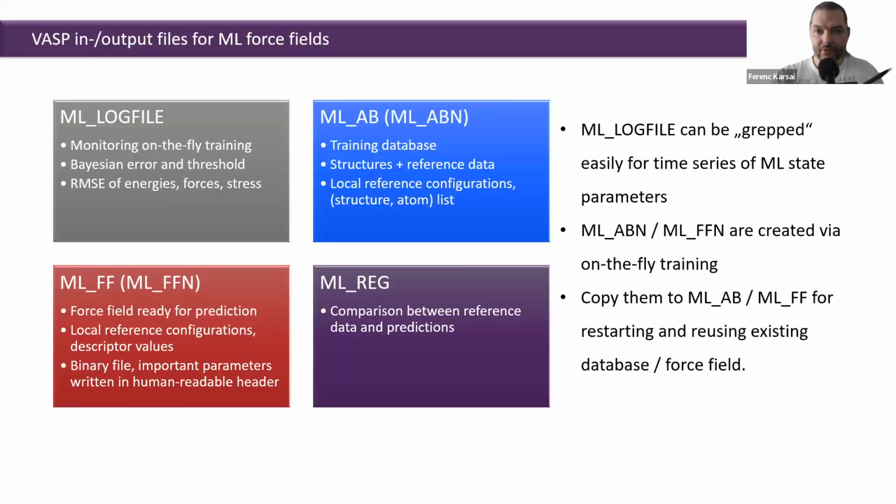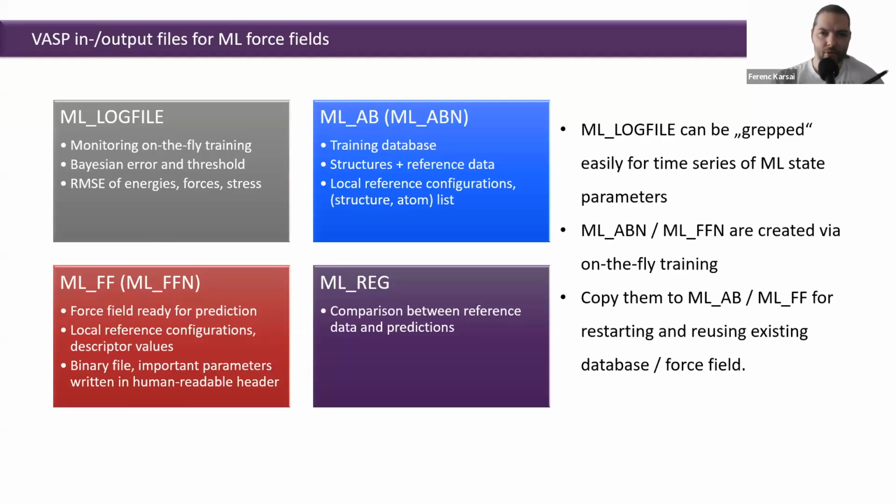So from that, we come to some VASP-specific usage of the force field. That means I/O in VASP, how to use it. Here I show the main files of VASP. Let's start with the ML_LOG file. This is the main output file of the force field.